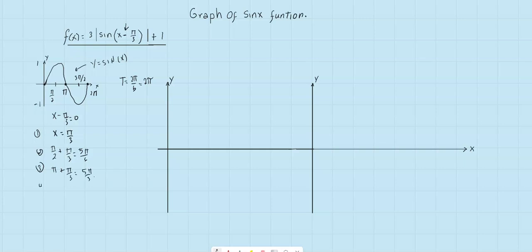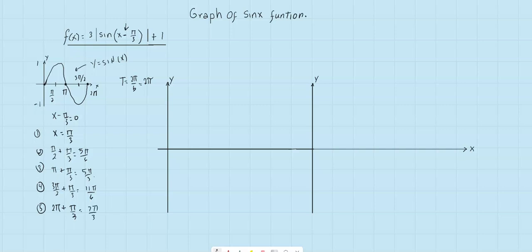My fourth is 3 pi half plus pi over 3, and this gives me 11 pi over 6. Then my fifth, which is my 0, is 2 pi plus pi over 3, going to be 7 pi over 3.